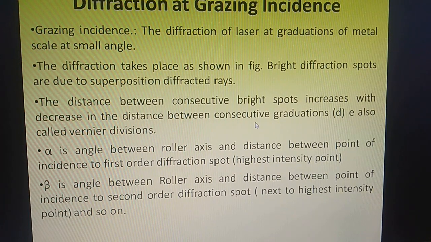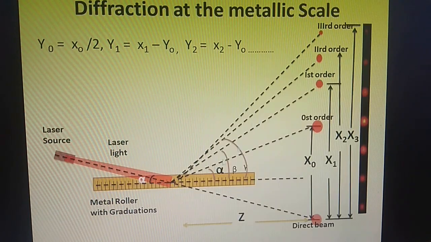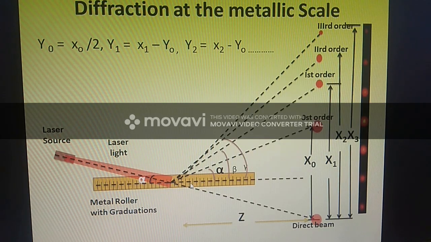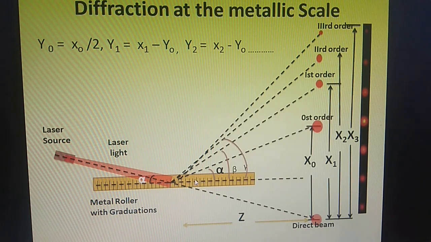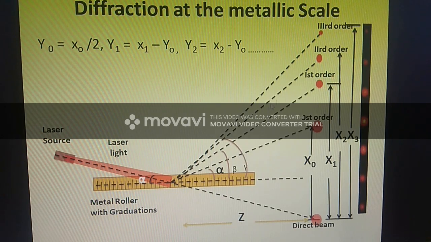So if the distance between these two graduations decreases, then the distance between two consecutive spots increases. That is inversely proportional. Understood? If it is 1 millimeter, and we take half a millimeter, the distance between these two becomes almost double. You remember.